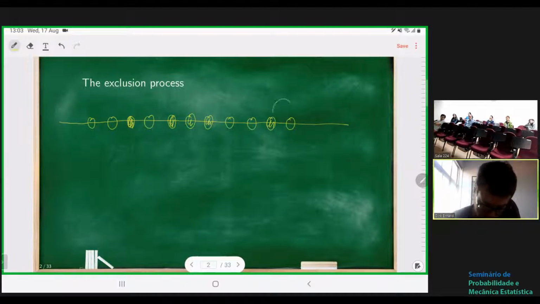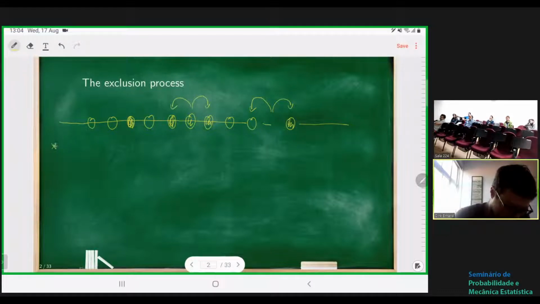For instance, this one may want to jump to the right or to the left at a certain rate, say rate 1, with probability 1/2 to the right and probability 1/2 to the left. If he wants to do it, he simply does it. So afterwards he will be here, and this site is empty. If the guy in the middle wants to jump to the right or to the left, so one of its exponential clocks rings, then the jump is simply suppressed. Nothing happens. This is where the exclusion rule really kicks in.